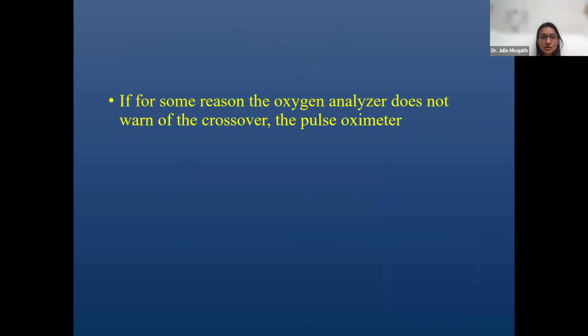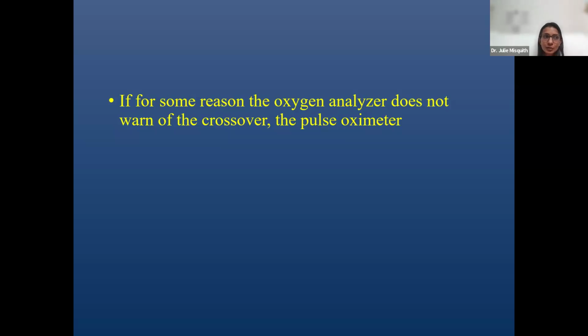If for some reason the oxygen analyzer does not warn of the crossover, the pulse oximeter will tell us, but oxygen desaturation usually occurs only once the patient's functional residual capacity or the vessel-rich group are depleted of oxygen. So you have to be aware that pulse ox can be a late detector. Oxygen analyzer is a must in all these machines.